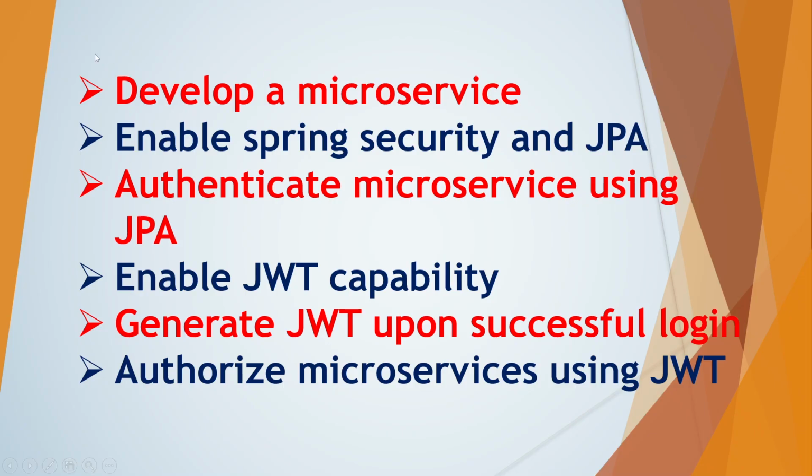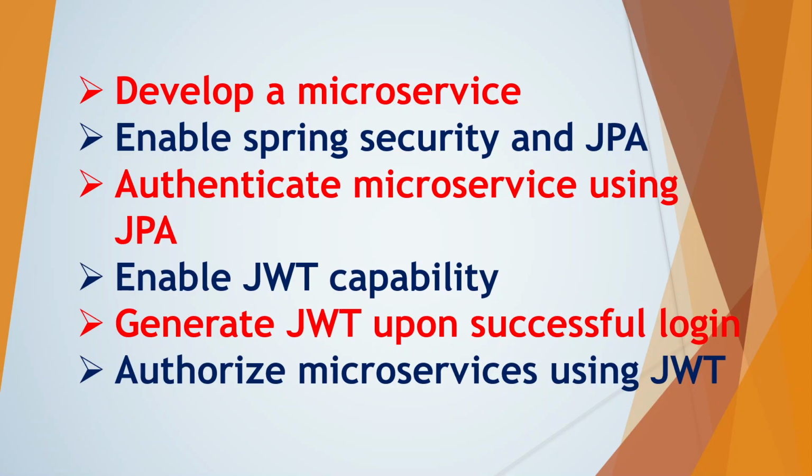So these are the different steps I'm going to do today. First of all, we will start by developing a microservice, and we will enable Spring Security and JPA. JPA we will use for authenticating the microservice. This is all we have seen in the last authentication by using the user details service.